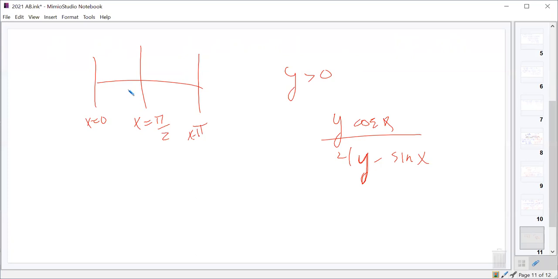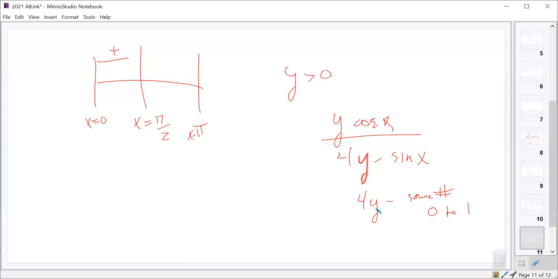Let's say we plug in anything in the first quadrant, right? Anything in the first quadrant here, we're going to get a positive in the numerator. And then in the denominator, depending on what y is, 4y minus the sine of x. Well, sine of x in the first quadrant is positive, right? So this is 4 times y minus some number from 0 to 1.